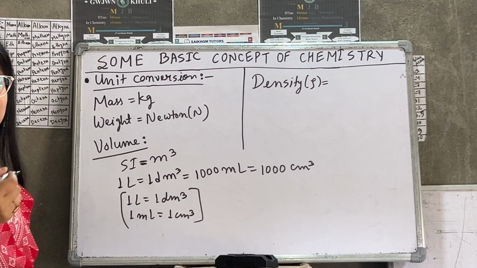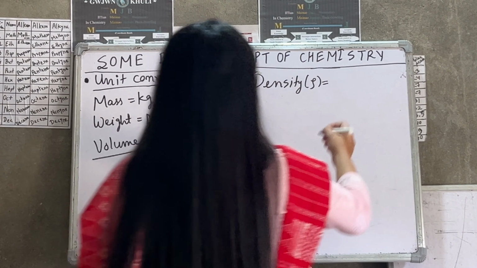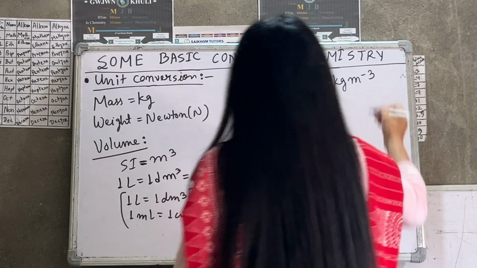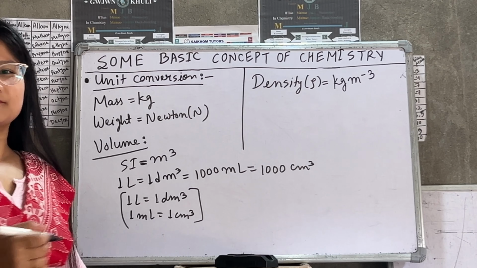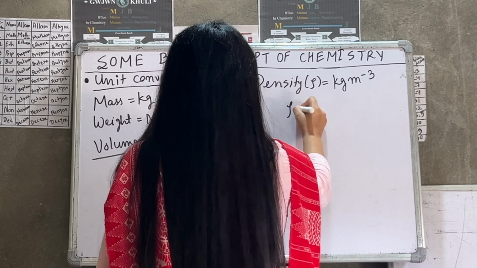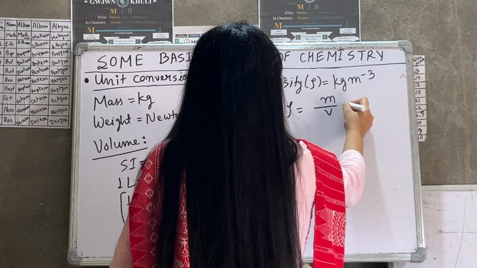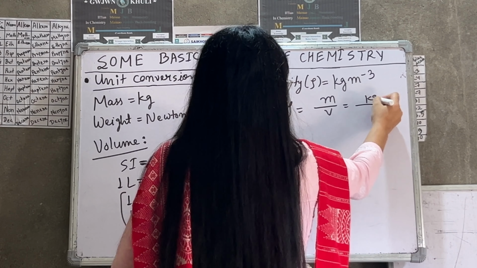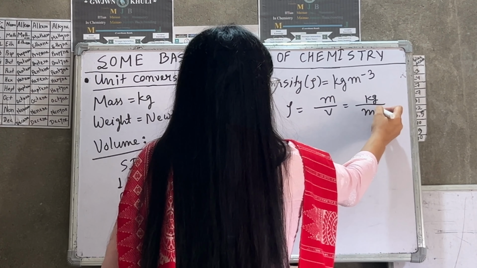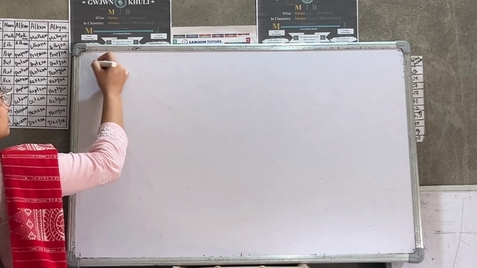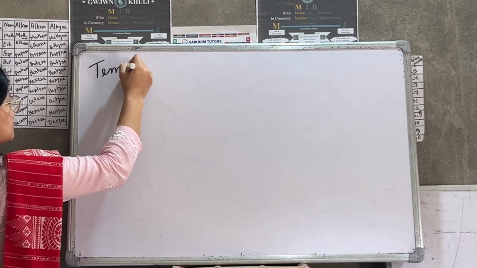So the unit of density is kg per meter cube. Clear? Because the density formula is mass per unit volume, and for mass the unit is kg, and for volume the unit is meter cube. After that we are going to discuss temperature.